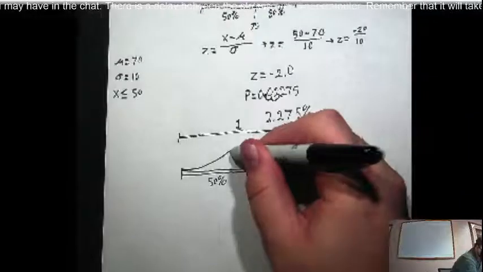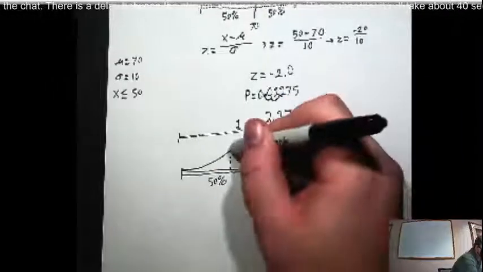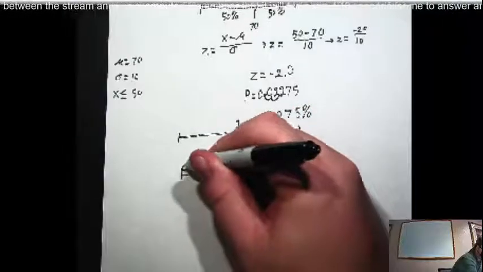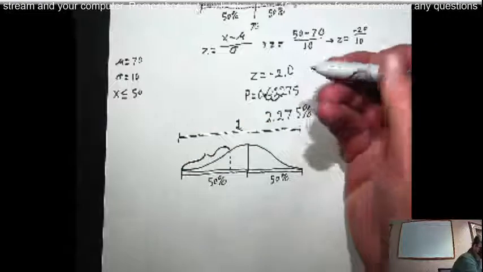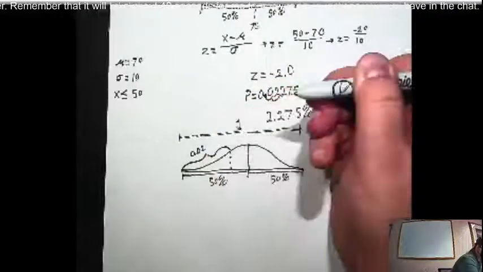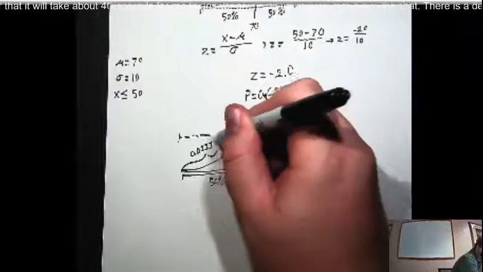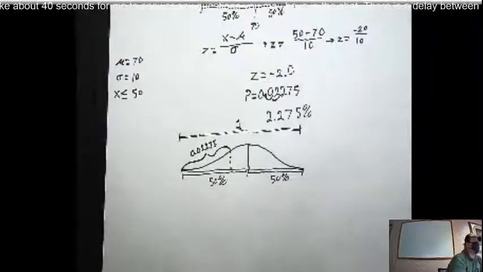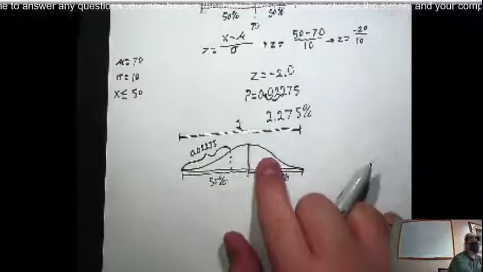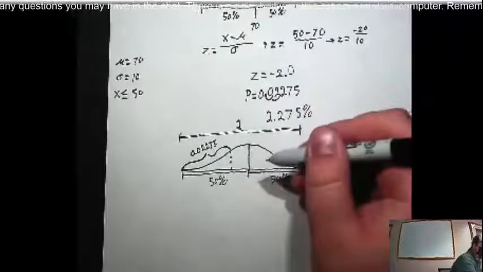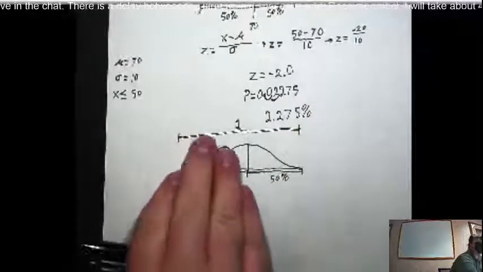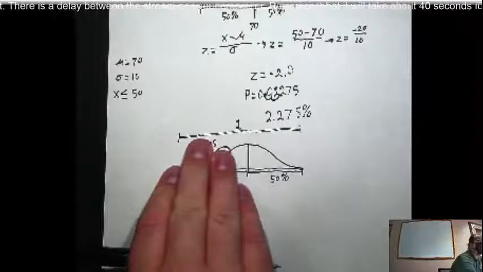Again, what we just found was this part right here, which we said was 0.02275. But what if we don't want to know that part? We want to know the other part, the part that's above that. Well, what we would need to do is take this and kind of chop it off. Literally subtract it from the entire thing.